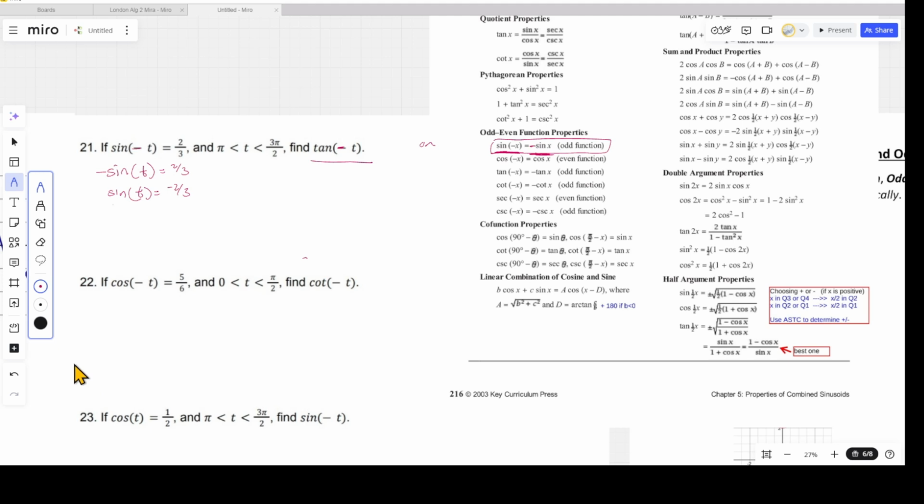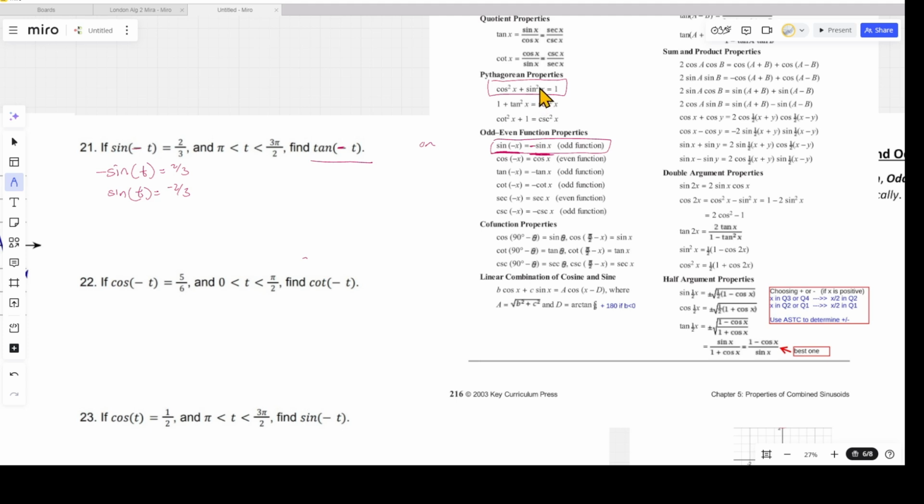And sine and cosine are like the most fundamental of the 6 trig functions. So if we can get those two, we can figure out all the rest. So let's focus on that. To calculate cosine based on sine, I need an equation that has sine and cosine in it, which is right there.